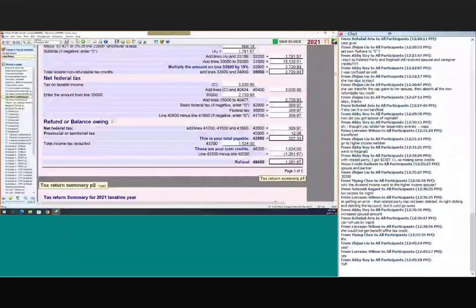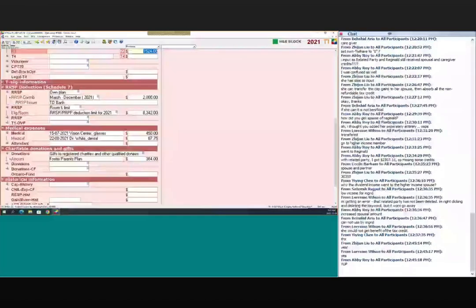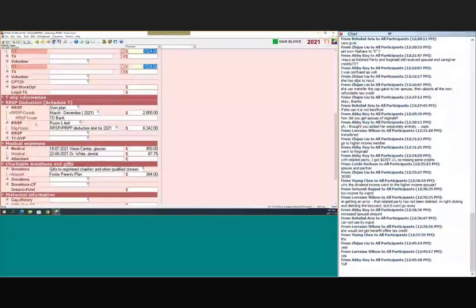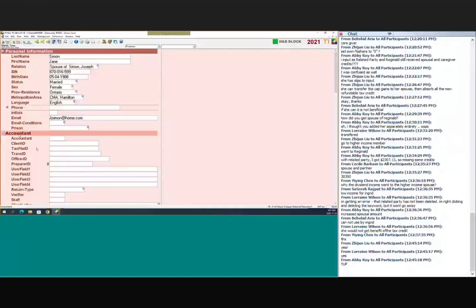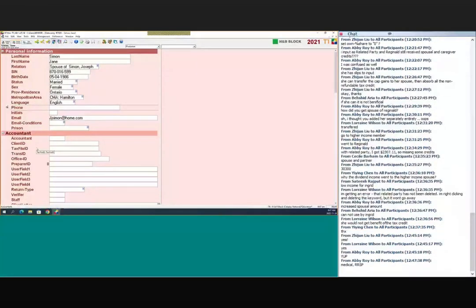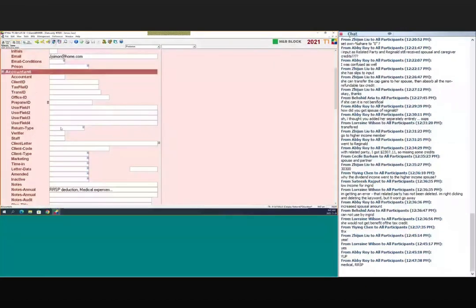So here we have Jane, so we have a refund of $12,167. Does this make sense that she would have a refund? And why does she have a refund? What are we going to put in our notes for our analysis? Medical expenses, RSPs, correct?